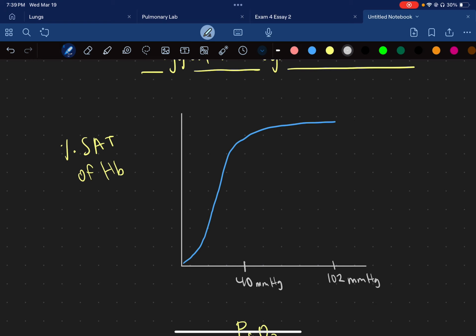That's about the normal range. So we'll just mark this here as at lungs. And then say we're working really hard, we're doing exercise, and our tissues are really low on oxygen. Our pressure of oxygen is going to be lower, around like 20. And so here we would say in tissues.